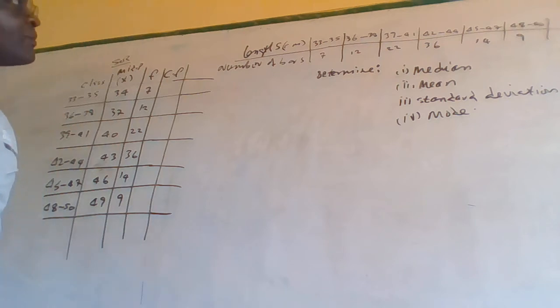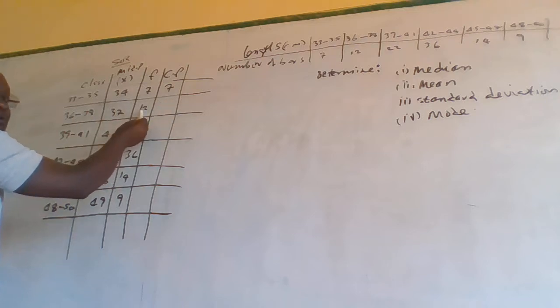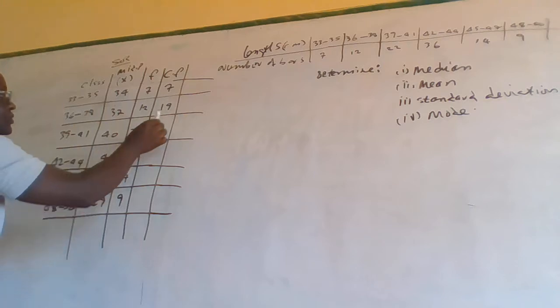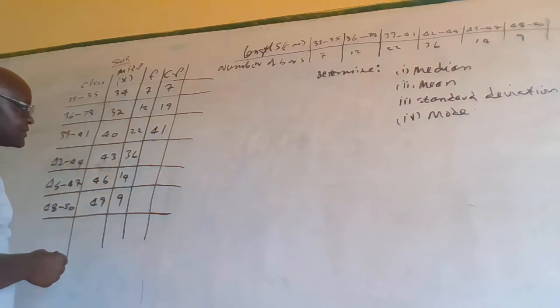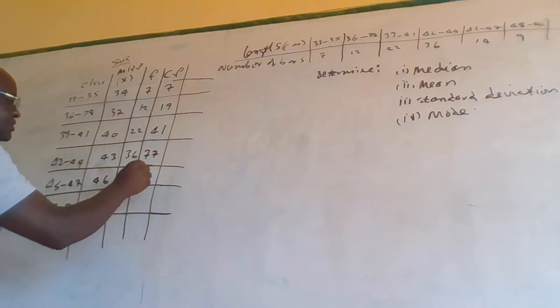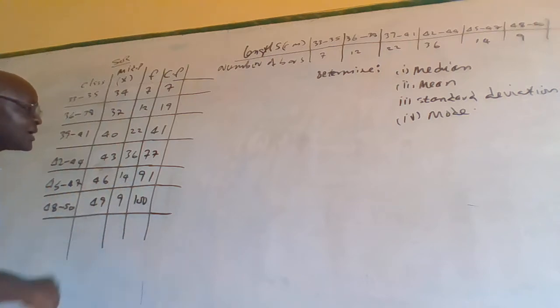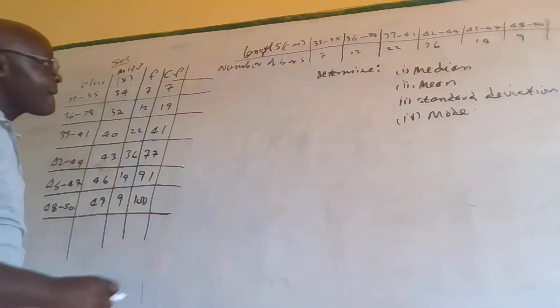So here we have 7. 7 plus 12 is 19. 19 plus 22 is 41. 41 plus 36 is 77. 77 plus 14 is 91, and 91 plus 9 is 100.